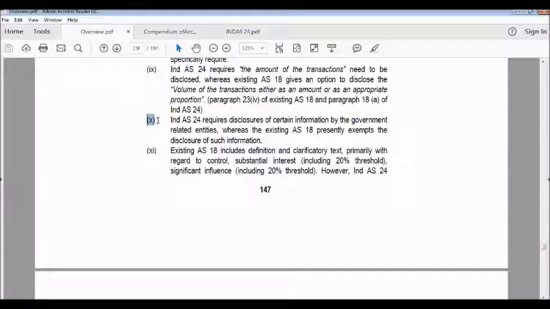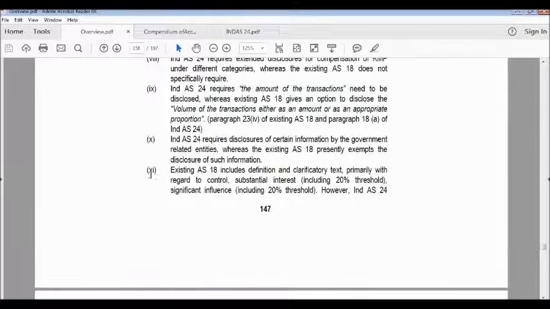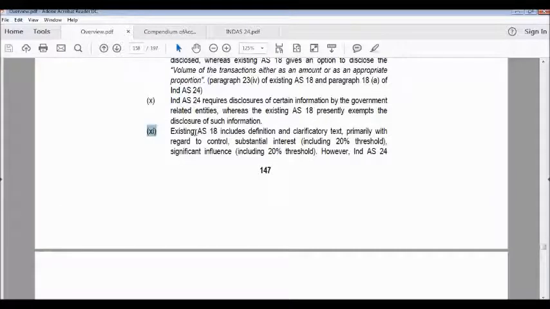The next difference is regarding the government entity, so we will discuss it when we discuss the second point, and we have left it for now. Before we start that point, we should look at this next and last point. Existing accounting standard 18 includes a definition and clarificatory text primarily with regard to control, substantial interest including the 20% threshold, and significant influence including the 20% threshold.